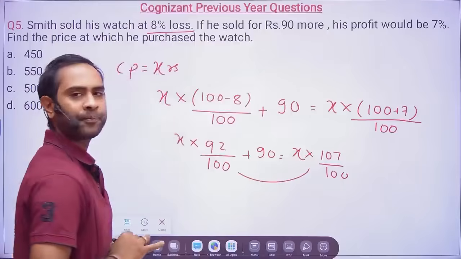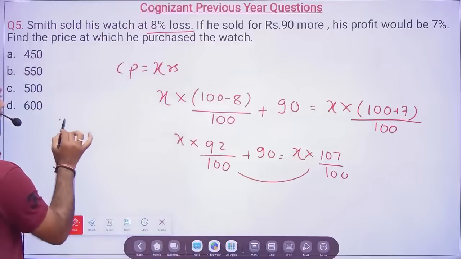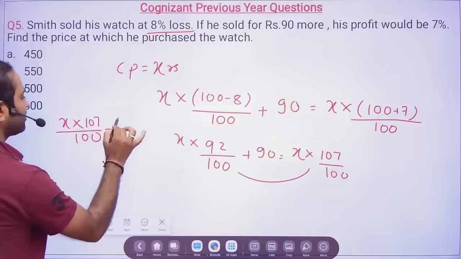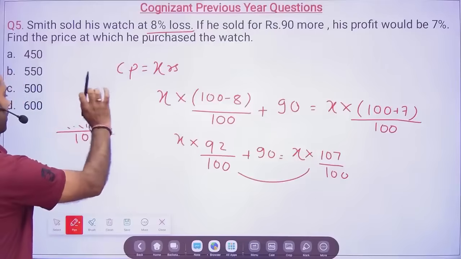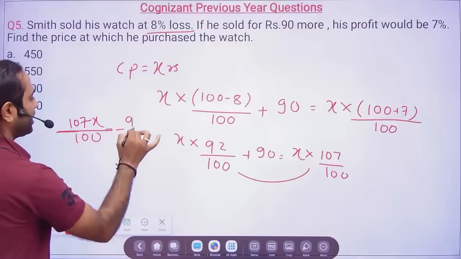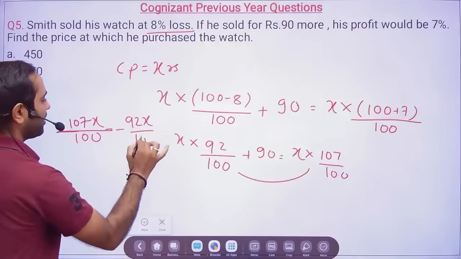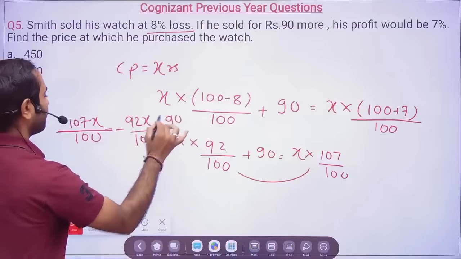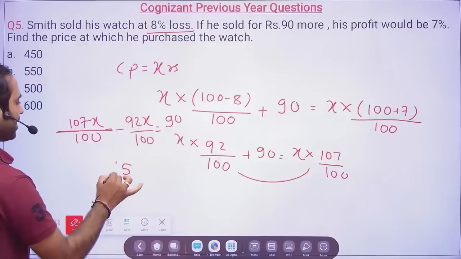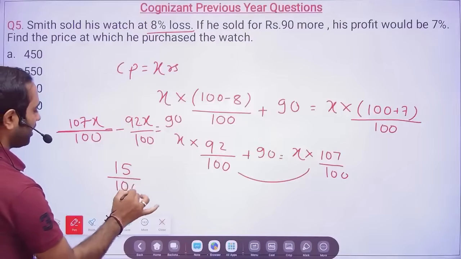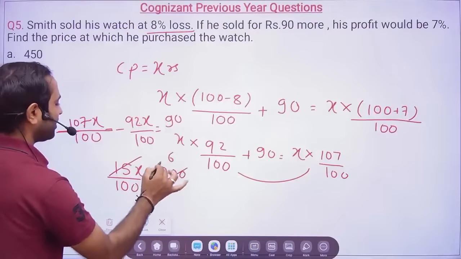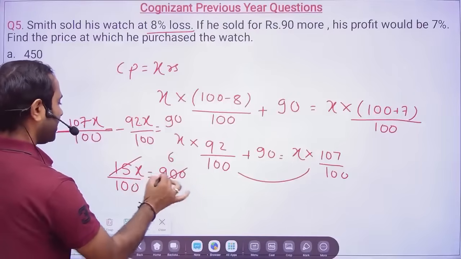Bring this to one side. So X into 107 by 100 minus 92x by 100 is equal to 90. 7 minus 2 is 5 and 10 minus 9 is 1, so 15 by 100, x is equal to 90.